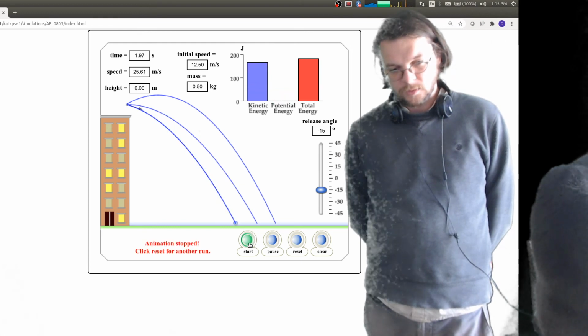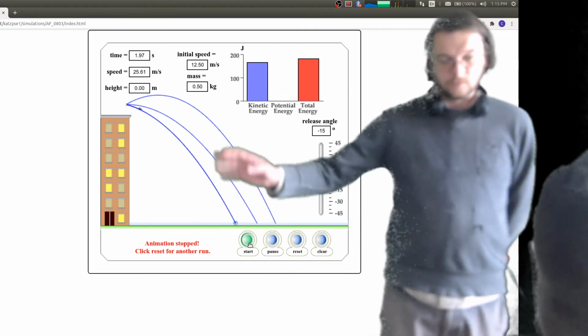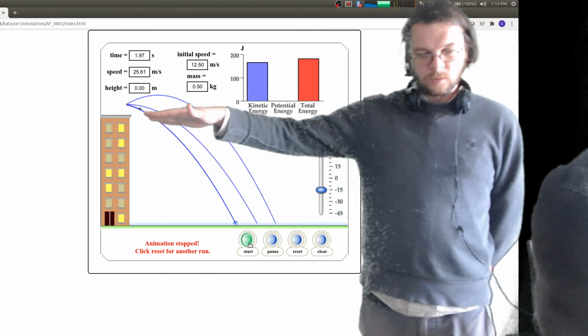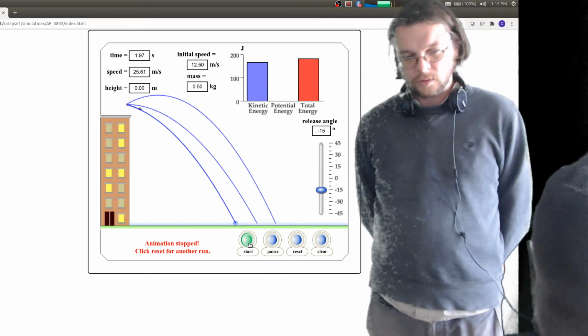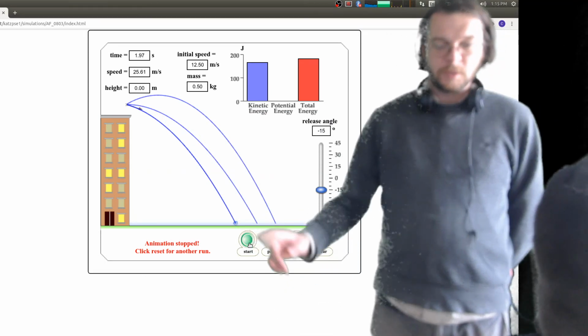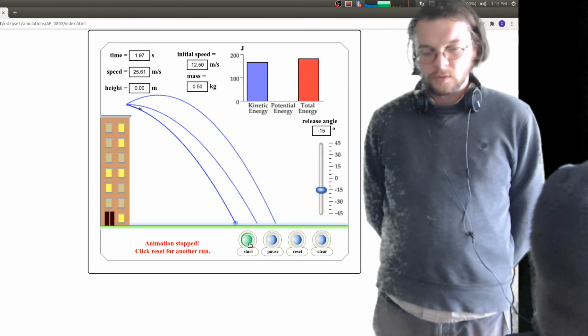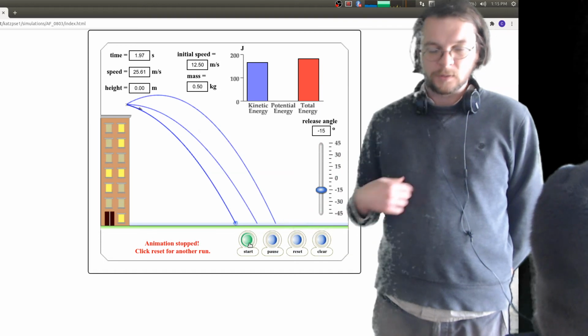This one is about 2 seconds. So no, the more the angle is towards the ground, the less time it spends in the air. But shortly before it hits the ground, the speed ends up being the same. Even though the time in the air isn't the same, the speed ends up being the same.